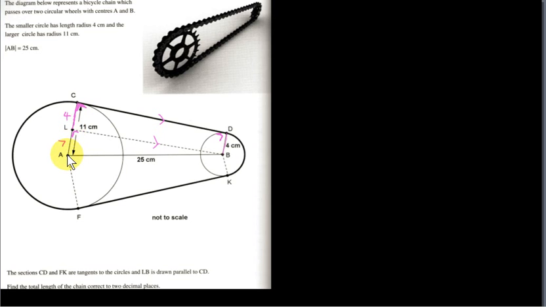So I can look at the right angle triangle ALB and I can find this line here, that's LB, by using Pythagoras. So I'll call it X. The hypotenuse of triangle LAB is 25. So the square of the hypotenuse is the sum of the squares of the other two sides: 7 squared plus X squared.